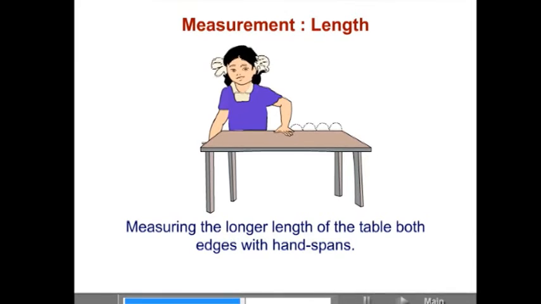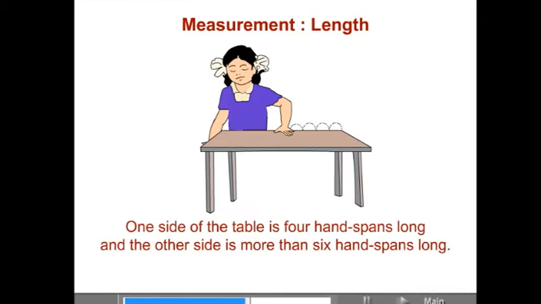You can see Nina measuring both the edges of the table using her hand span. And what has she found? One side of the table is 4 hand spans long, that is the shorter one, and the other edge is more than 6 hand spans long.